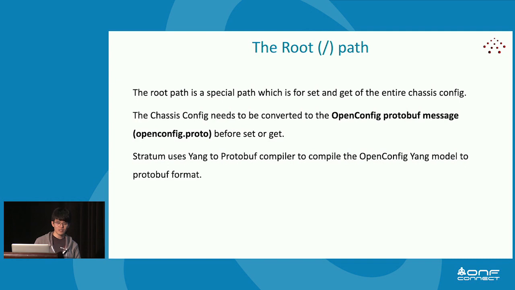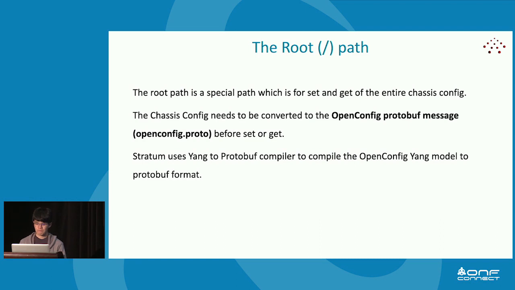So next is about what I mentioned. Stratum allows you to push the entire chassis config via gNMI. We actually push or query the entire chassis config from the root path.